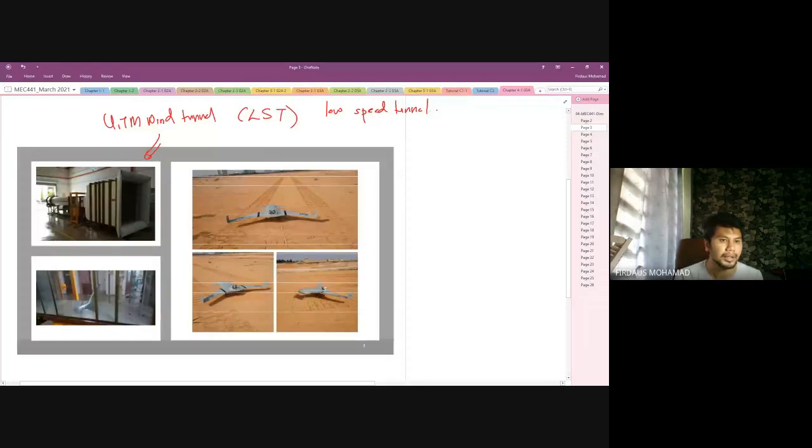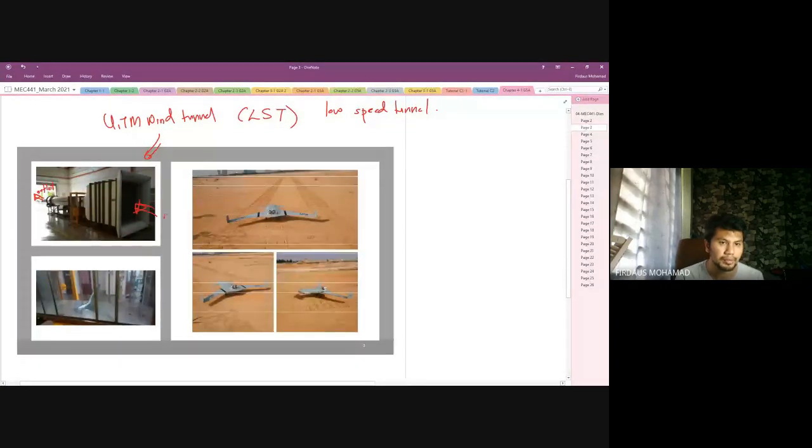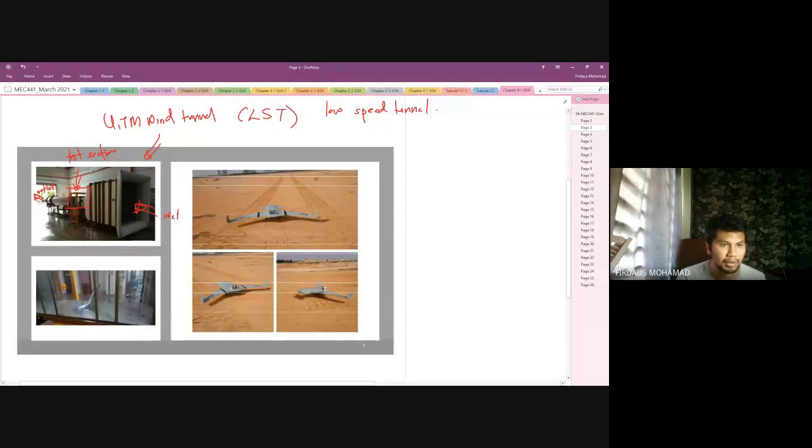And then dekat wind tunnel ni, air will be drawn from here. And then this is the outlet. This is inlet. And then this is the test section.